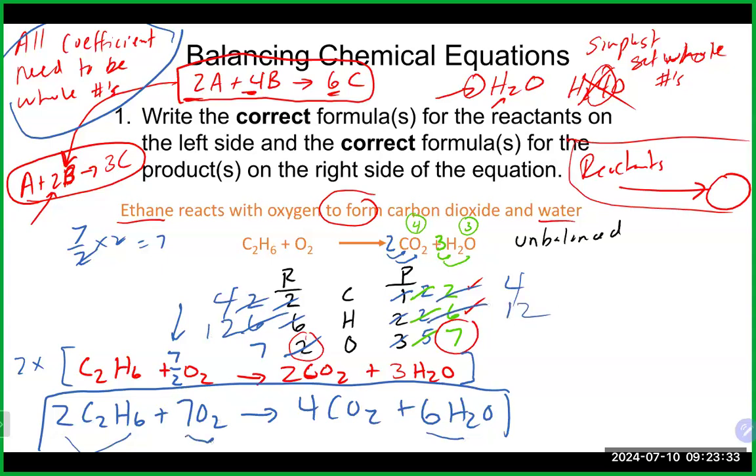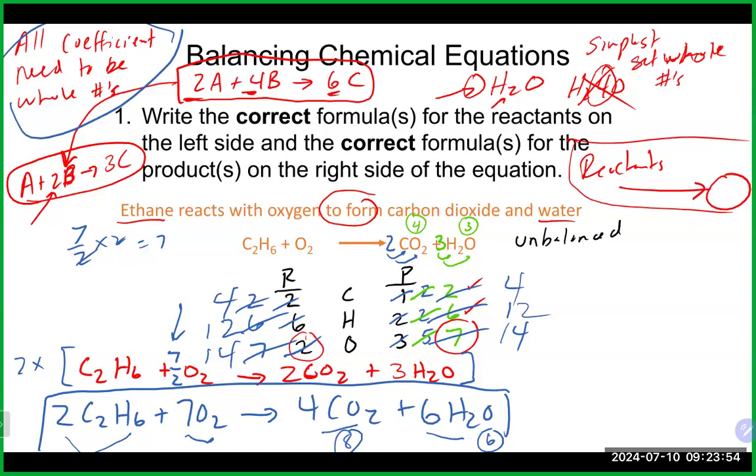Oxygen, 7 times 2 is 14 on the left. On the right, I have 8 oxygens and 6 on the second, and that also should be 14. So I am balanced in this particular case as well. First off, any questions on that?